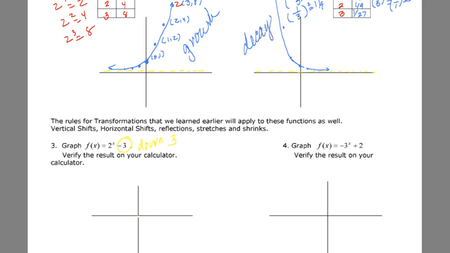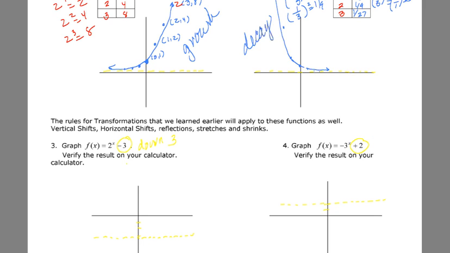So if my horizontal asymptote is normally at 0, I've got to shift it down 3 units here at -3. So you've got to mark that. This one is indicating a shift that goes up 2, so my horizontal asymptote is going to be up 2. Up or down shifts will indicate that your horizontal asymptote must be shifted up or down accordingly.